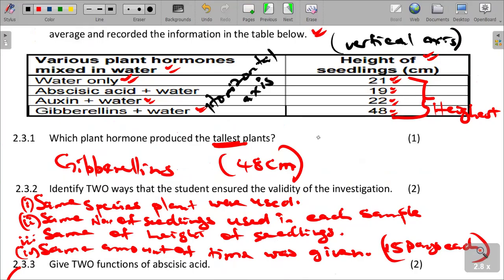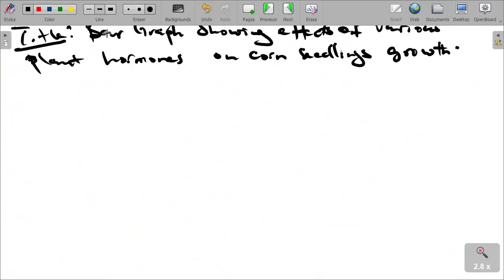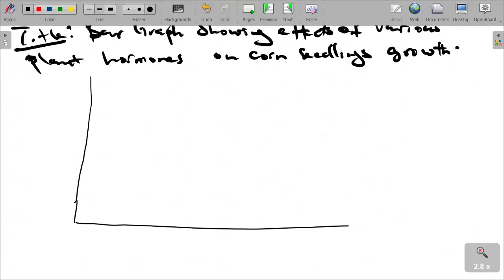We also look at the set of data, the highest and the least. The highest is 48 and the lowest is 19. So we need to look at that and draw a graph with a scale that can make us see what is happening. Now we have that title there, and then our vertical axis and our horizontal axis.